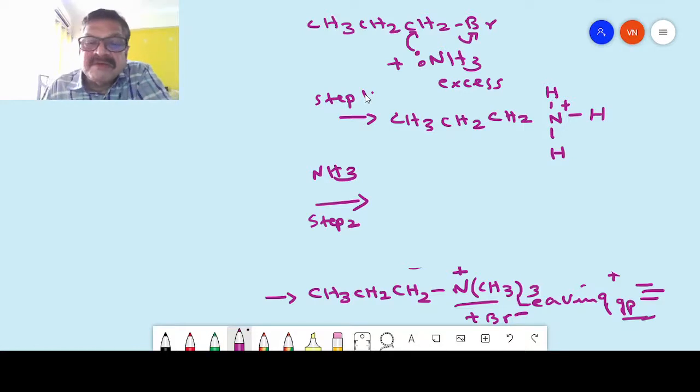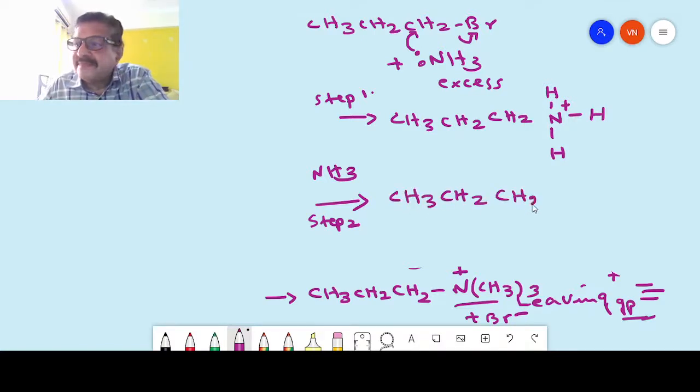So there will be a proton transfer reaction. So this proton can be transferred. So when this proton is transferred here, in the next step the product formed will be NH2.